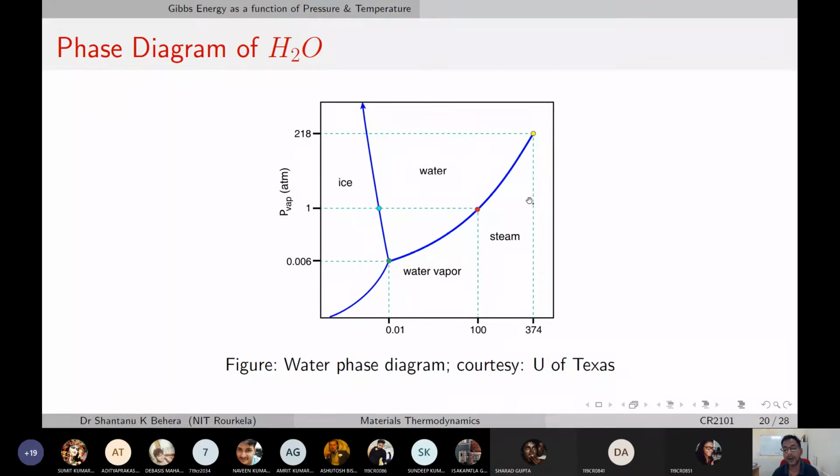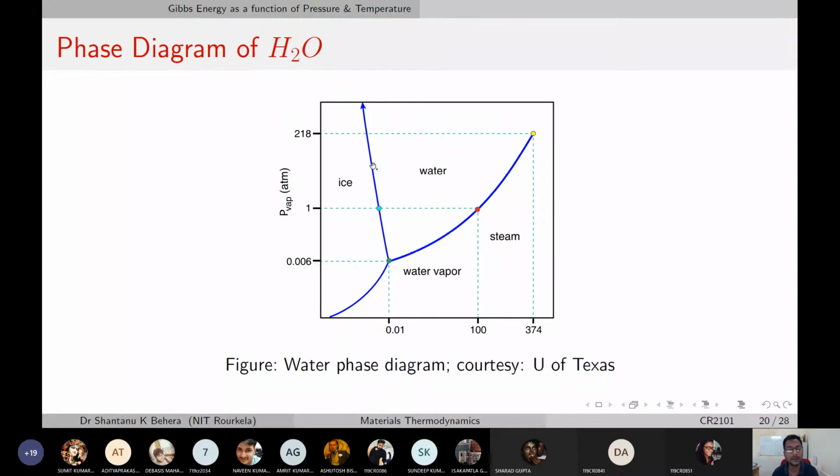But beyond the supercritical temperature and pressure, you won't be able to compress the gaseous phase and make liquid out of that. Anyway, the distinct thing about the water system is the slope of this curve.